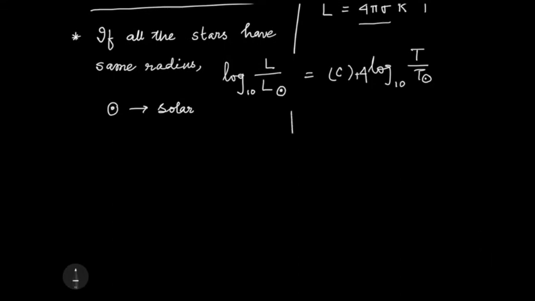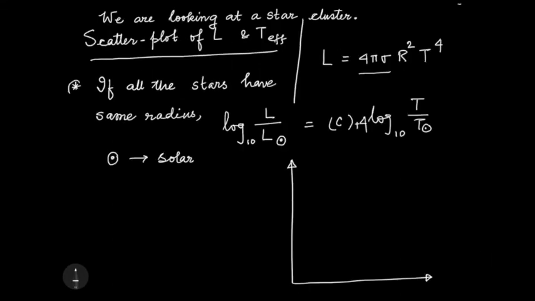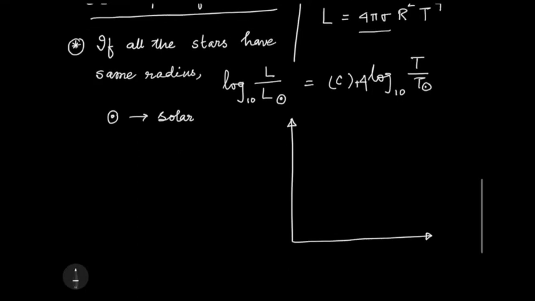So if I plot these two, remember that this is only for this particular case I am talking about. So in this particular case, if I plot these two, log 10 T by T sun with log 10 L by L sun, what will I get?